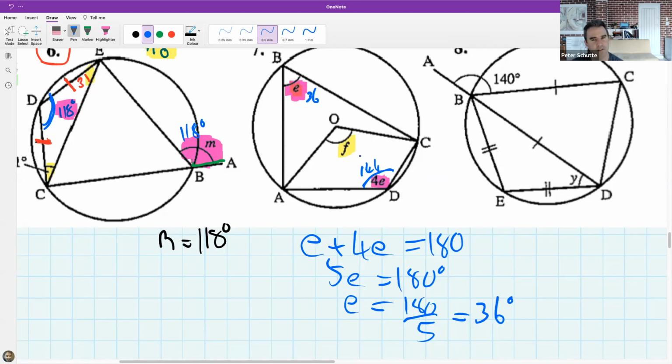Some people are saying 72. Some people are saying 144. Would anybody be willing to share their thinking about how they got their answer for F? Let's go to Fatejo.